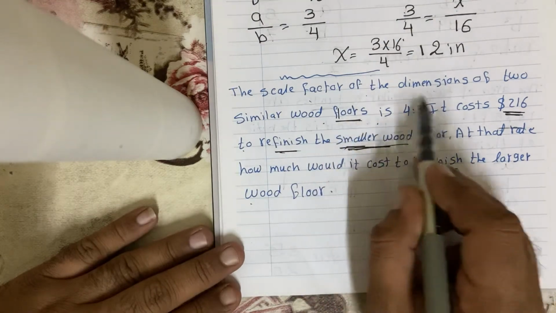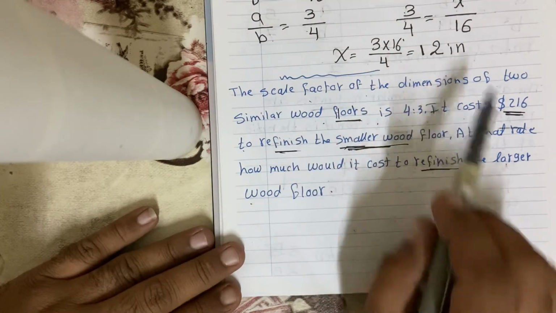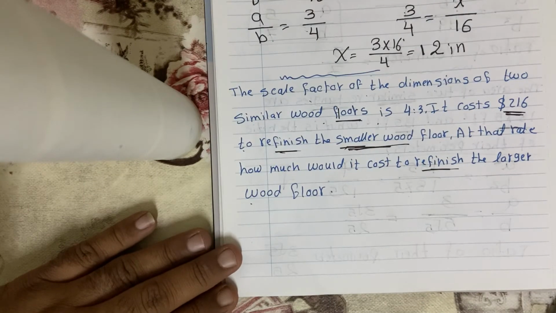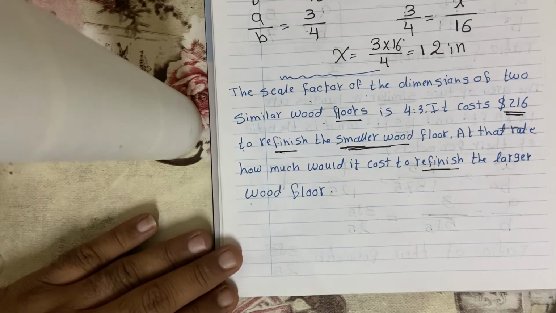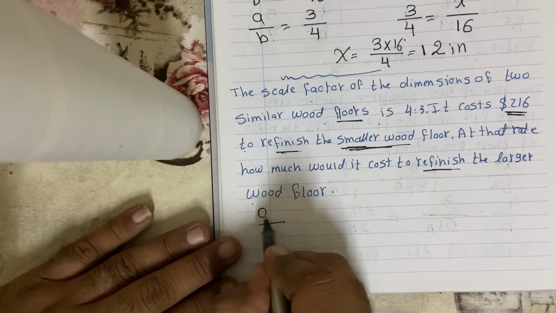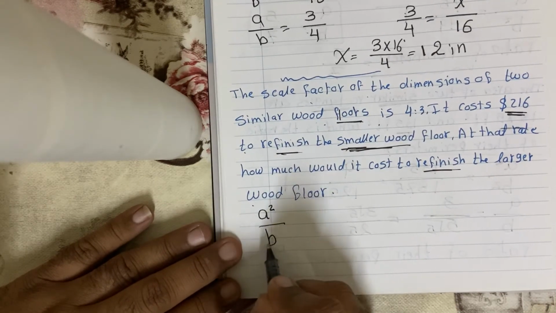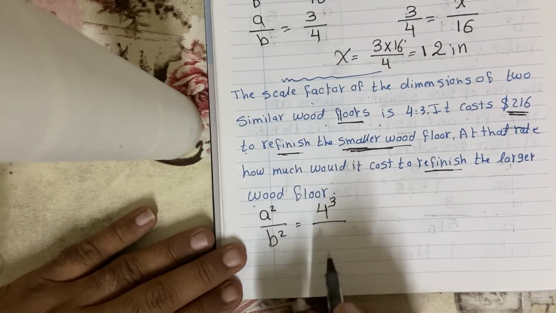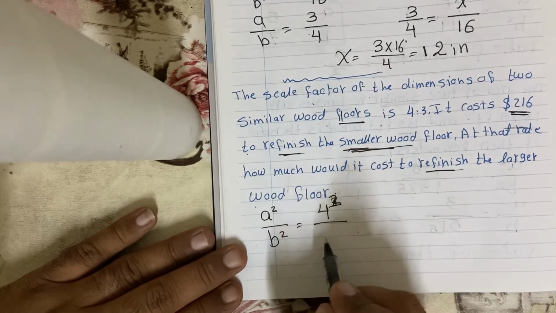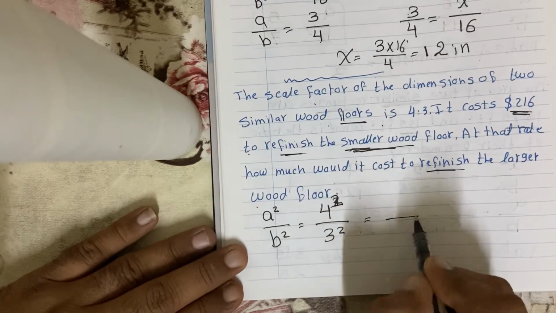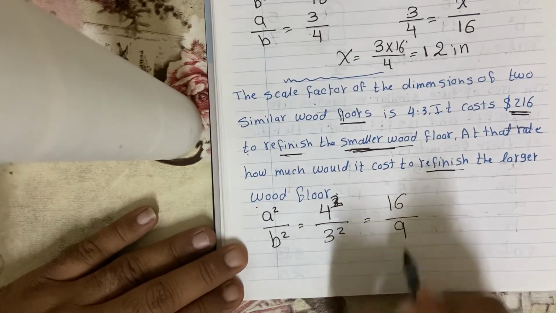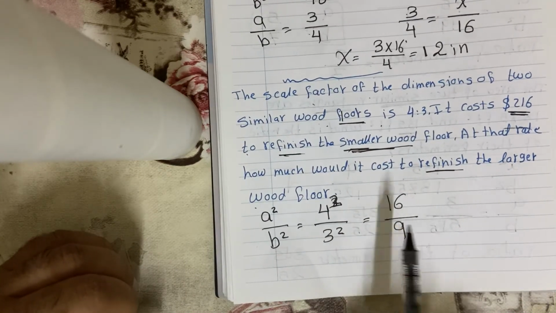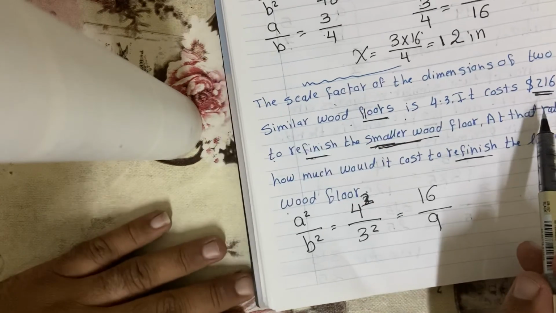Again, we have the scale factor and the price of one of them, so we are going to use the area. You have to find A power 2 over B power 2, so it will be 4 power 2 over 3 power 2, which is 16 over 9. Now you have the ratio between the areas. Use it to find the other price.